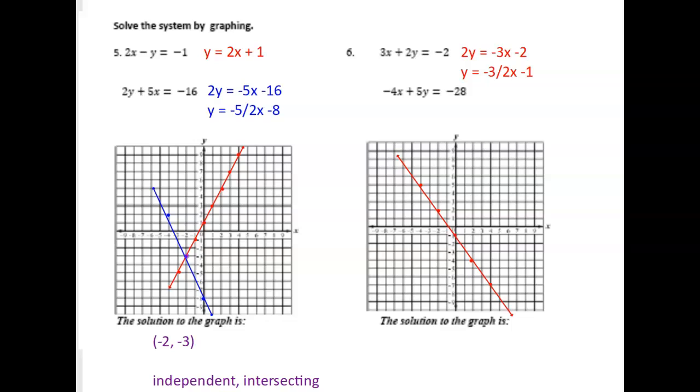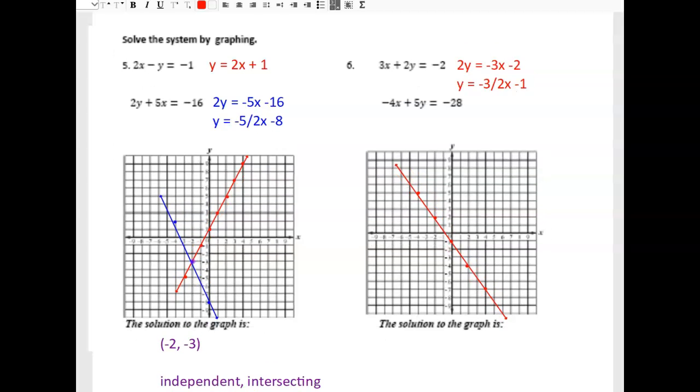Now let's graph the blue line. Subtract 4x to the other side. Divide by 5.